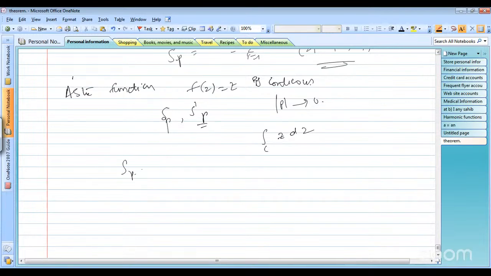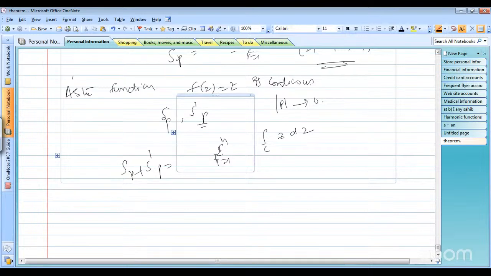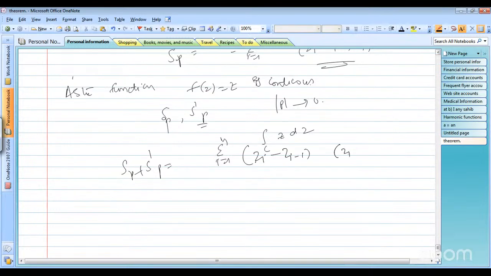Also, for S_p and S'_p, the first property and second property I am adding here: the summation of i = 1 to n of z_{i−1}(z_i − z_{i−1}), then z_i(z_i − z_{i−1}), and the 2 I am adding here.